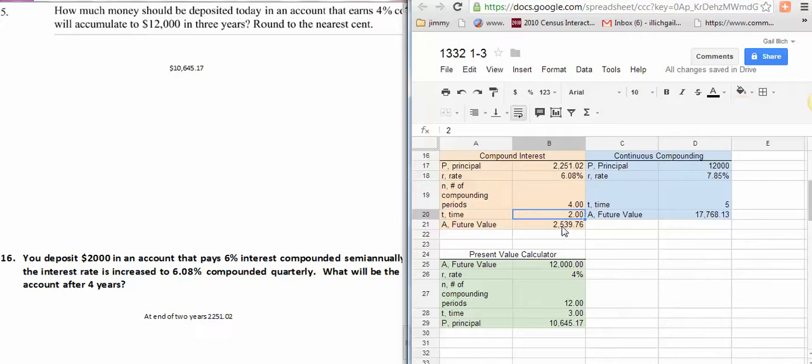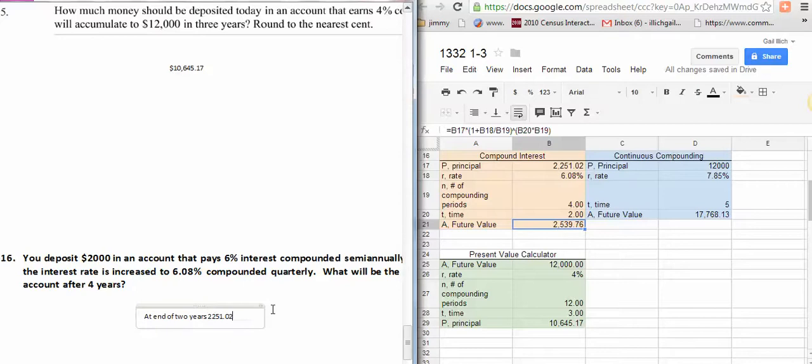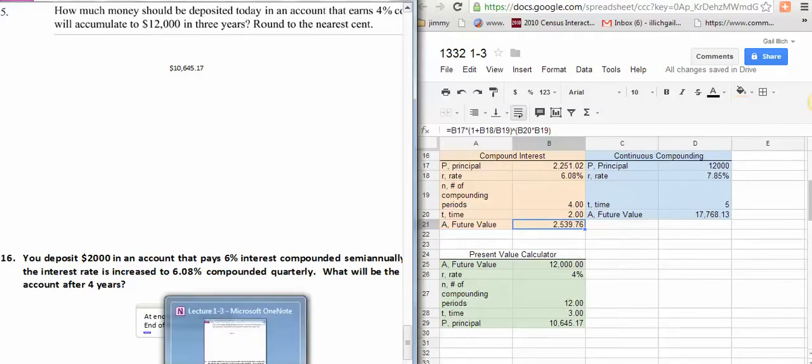So then at the end of 4 years, you're going to have $2,539.76. All right, so that seems like a fun little problem.